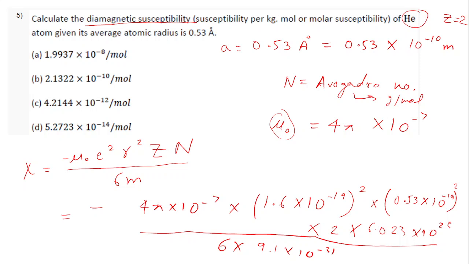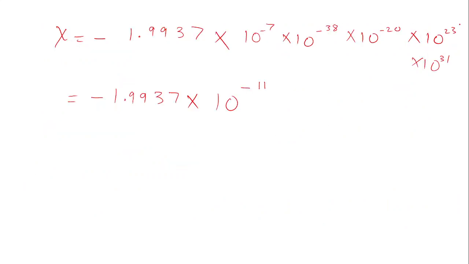In kg per mole, it will be 10 to the power 26 because 1 kg is 1000 grams. Because of that, when we correct this, the power will be 10 to the power minus 8.